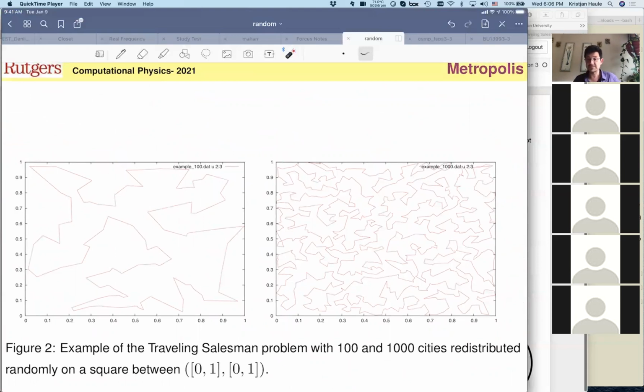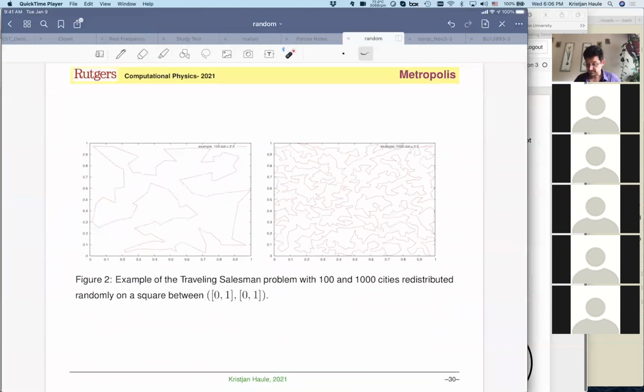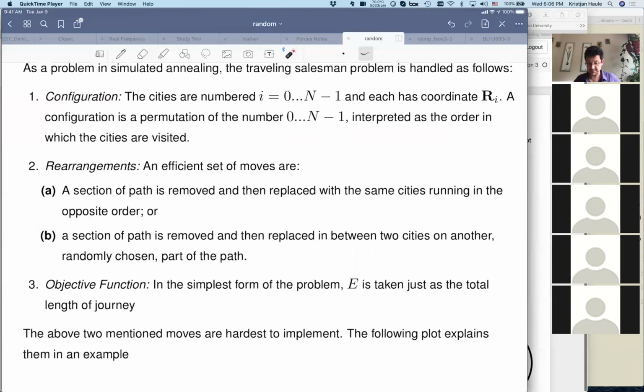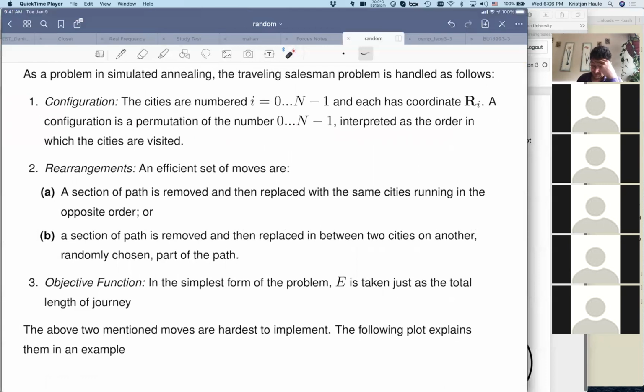But what I wanted to explain is what are the basic moves. So here is the explanation. As a problem in simulated annealing, the traveling salesman problem is handled as follows. We take a configuration. The cities are numbered from 0 to n-1, let's say, and each has some coordinate.